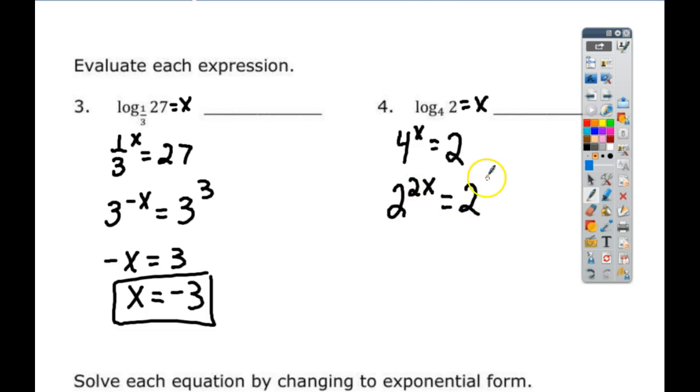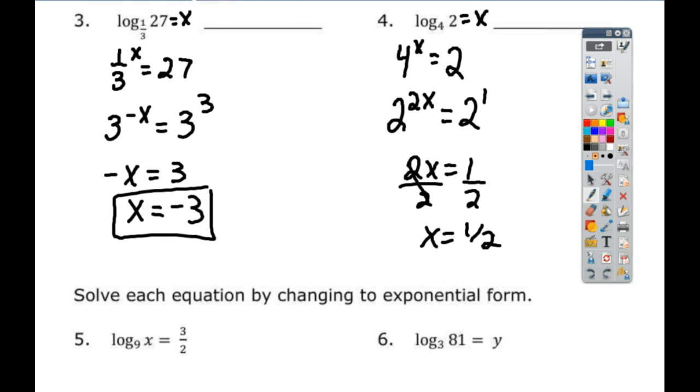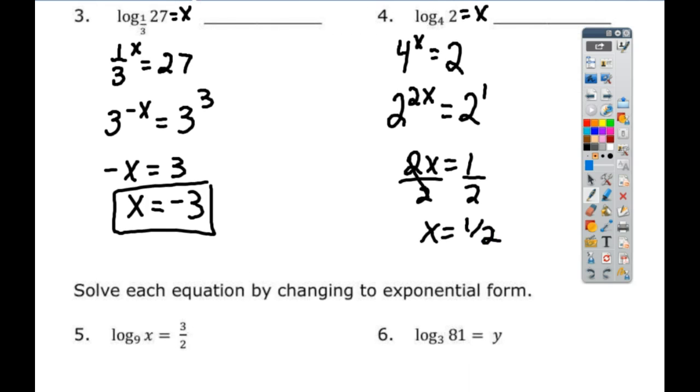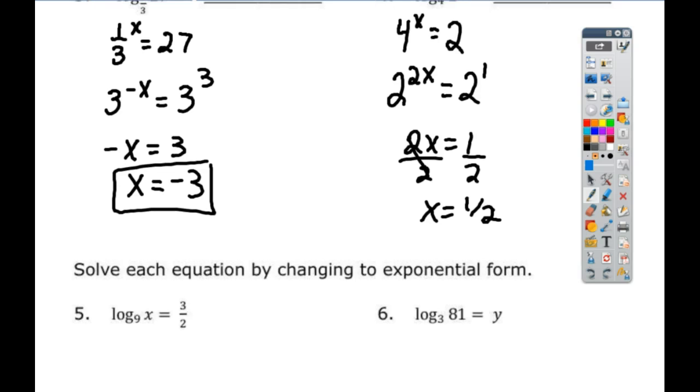And what's the exponent here? 1. And now can I solve? X is 1/2. Is everybody good so far?